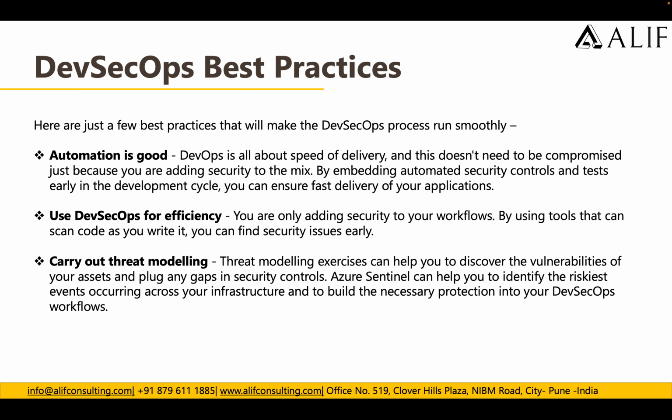By embedding automated security controls and tests earlier in the development cycle, you can ensure fast delivery of the application while having the best security policies or compliance in place, as required by the organization or the application. Use DevSecOps tools for efficiency. You are only adding security to your workflow by using tools that can scan the code as you write it, so you can find security issues earlier.